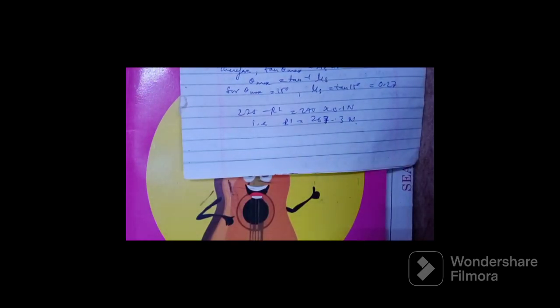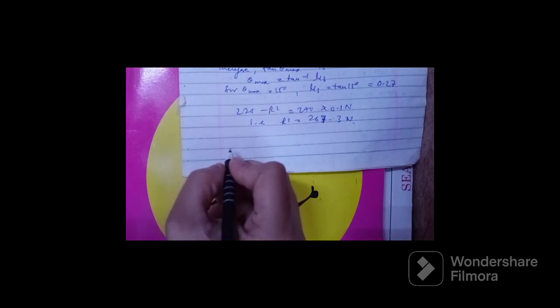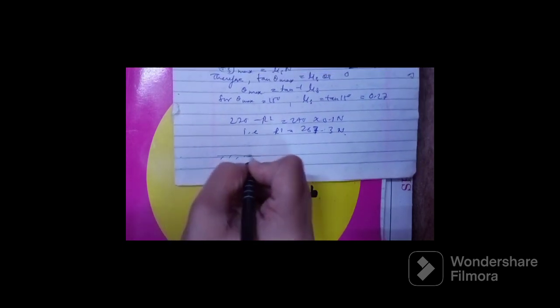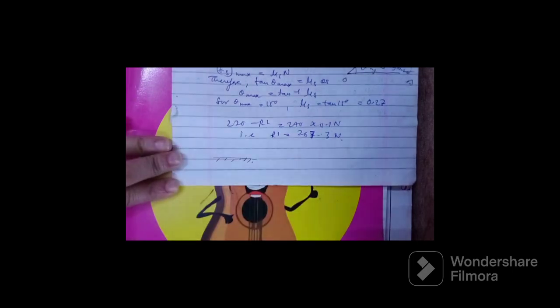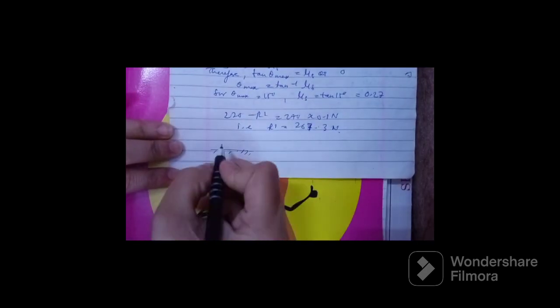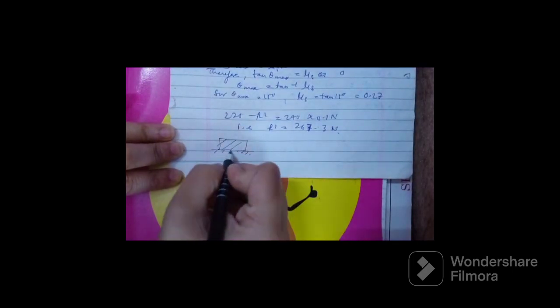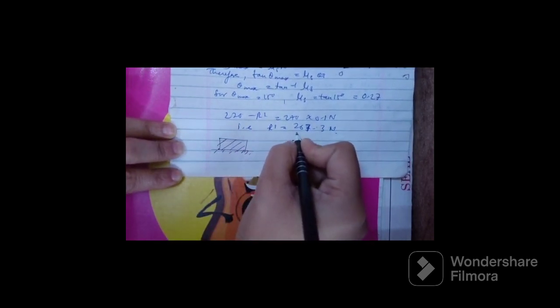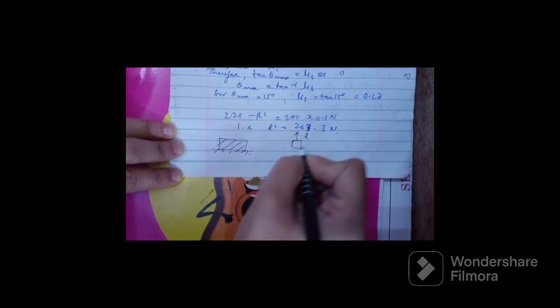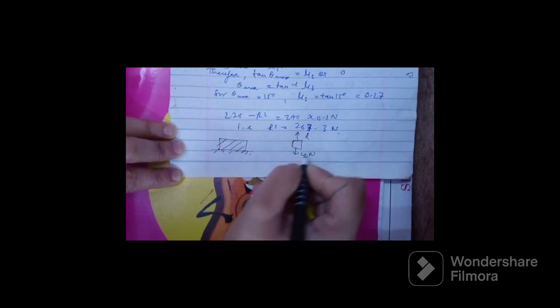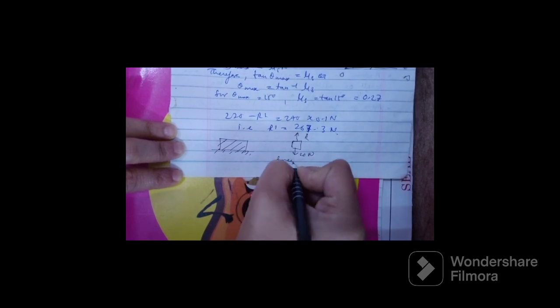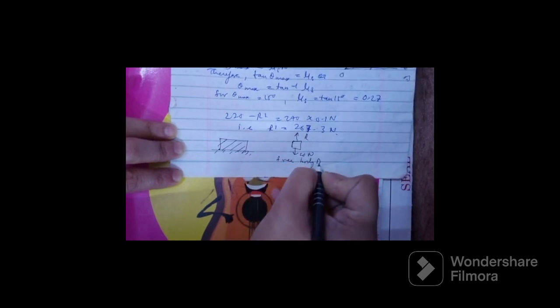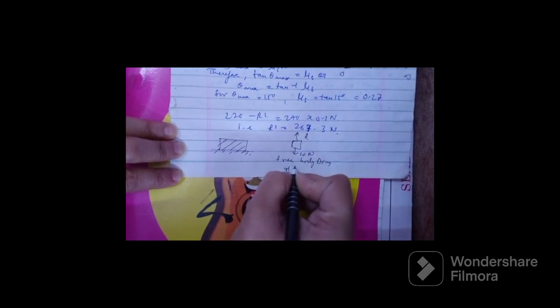Going ahead in detail, here we have a figure for the free body diagram of the block. This is a surface where there is an object, with 20 Newton downward. So this is the free body diagram of the block.